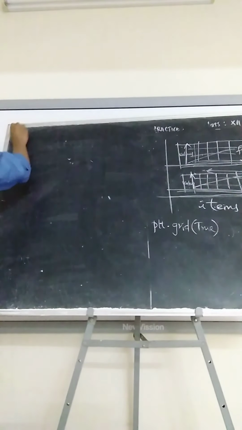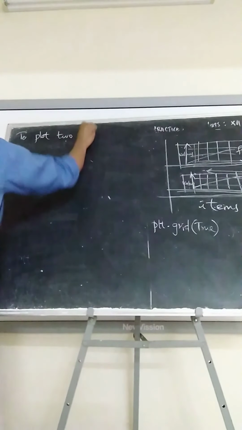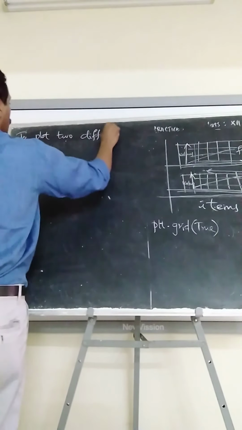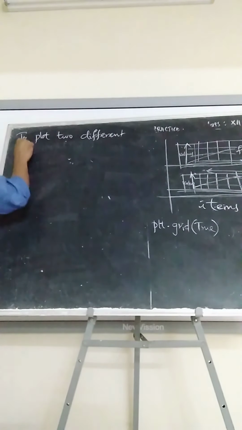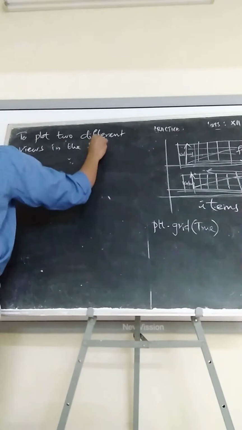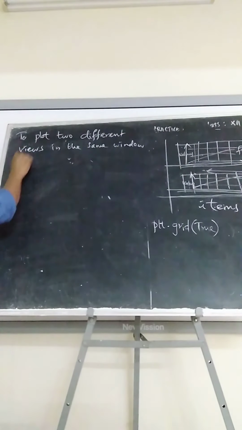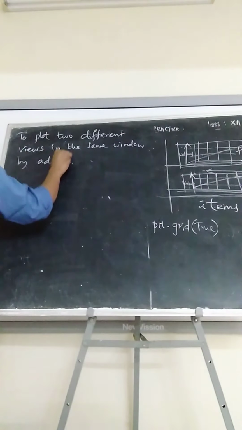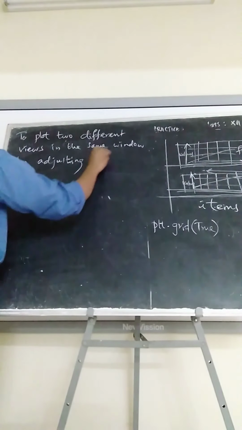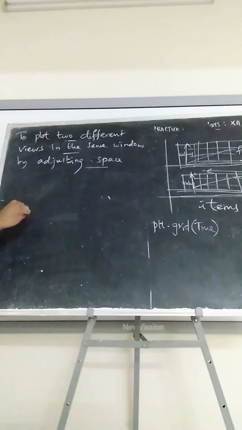To plot two different views in the same window by adjusting space, we use a statement.